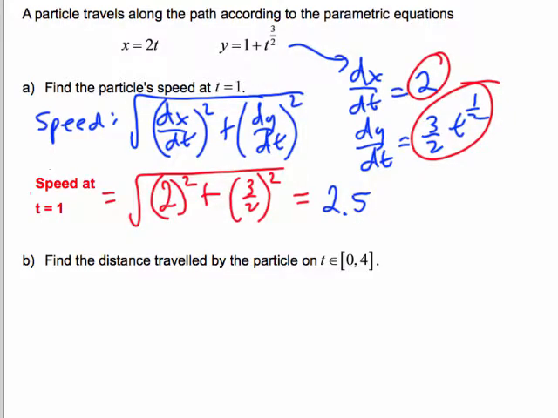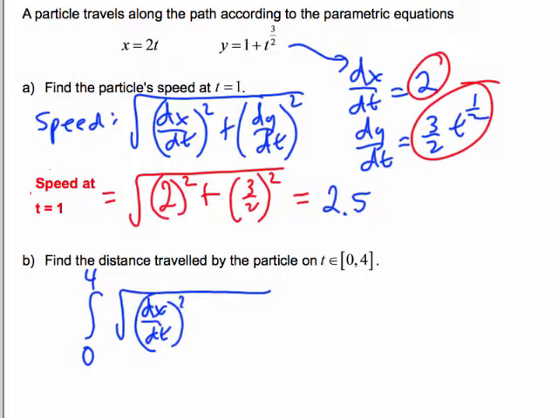To get the distance traveled by the particle, that's the definite integral of this.